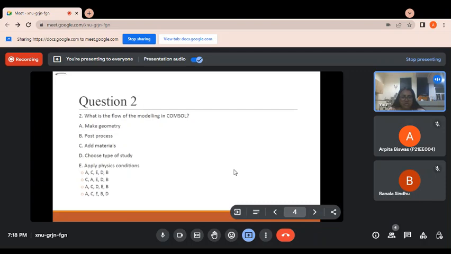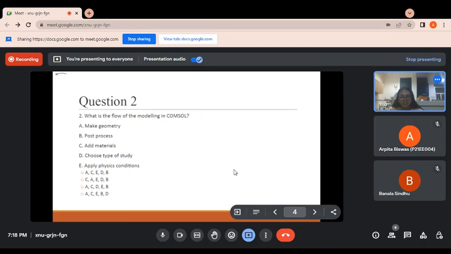So we can rearrange: option A is make the geometry, option B is post process, option C is add material, option D is choose type of study, and option E is apply physics condition. What is the right flow of the process when we go for simulation in COMSOL?